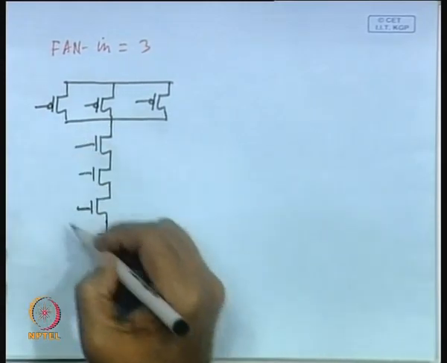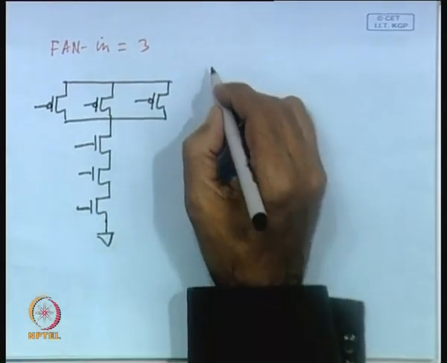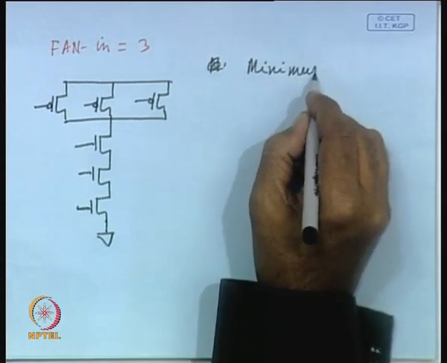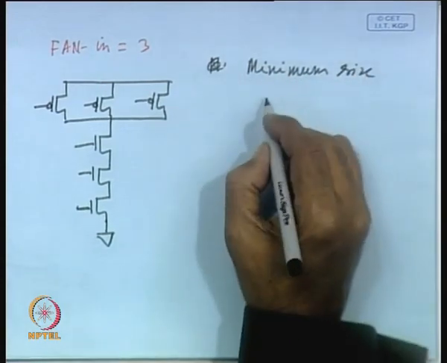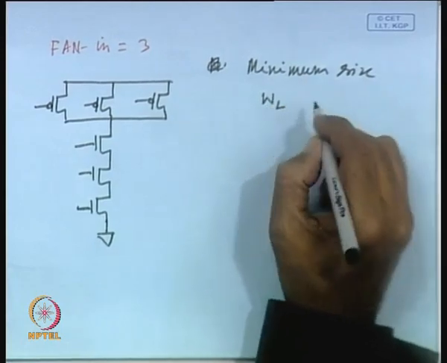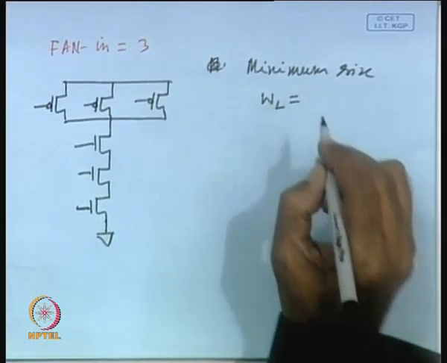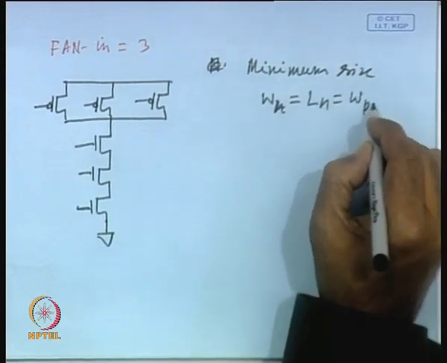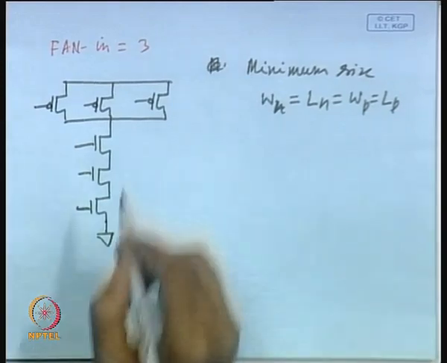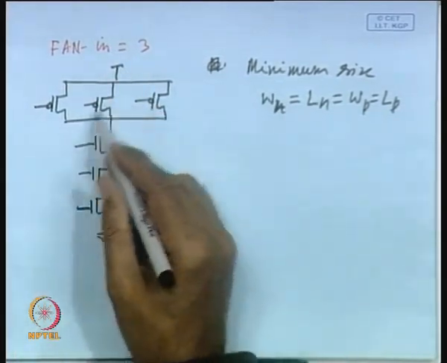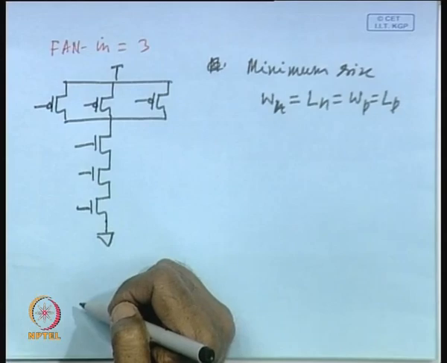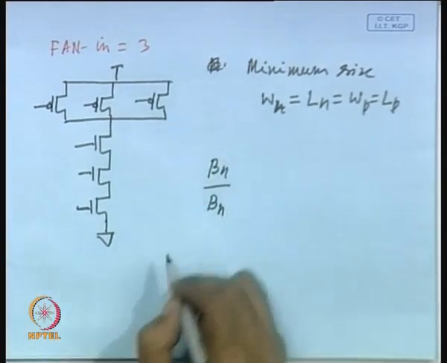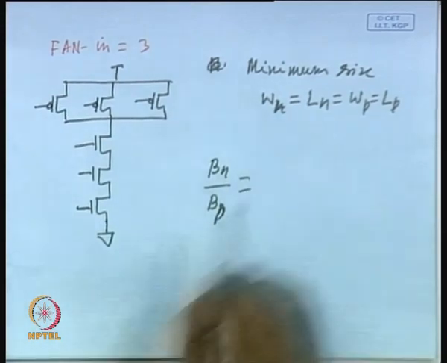Now, in this particular case, if we consider minimum size, that means Wn equals Ln equals Wp equals Lp. So, in such a case, what will be the switching characteristics? Particularly, the beta n by beta p ratio will be equal to how much?